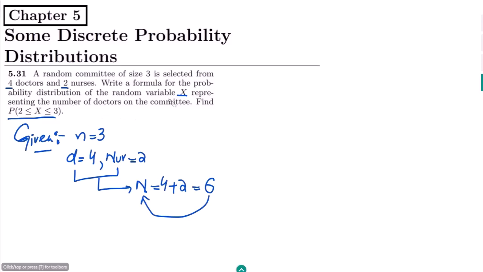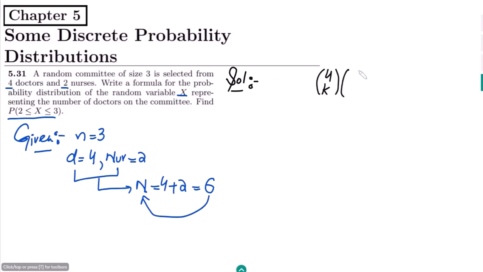The first part is to write a formula for the probability distribution of the random variable x representing the number of doctors on the committee. Here the total number of doctors is 4, and if I want to select k doctors from it, it will be 4 choose k.